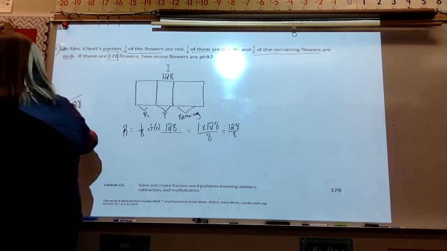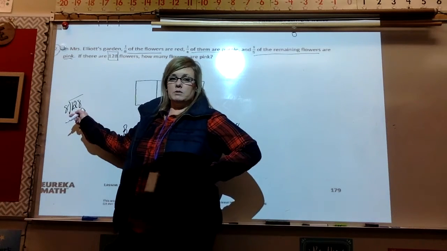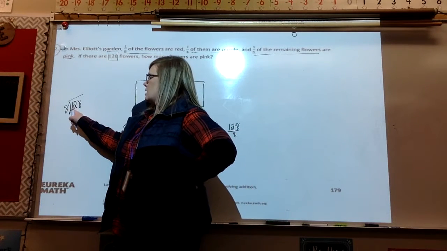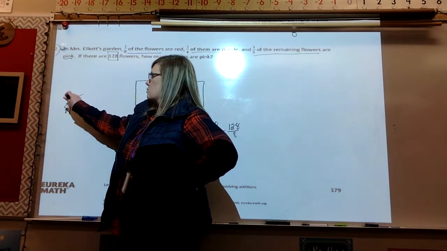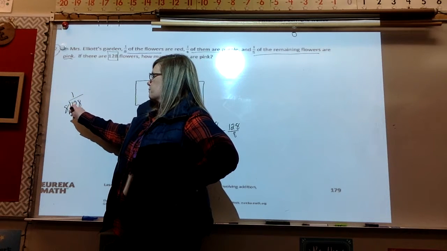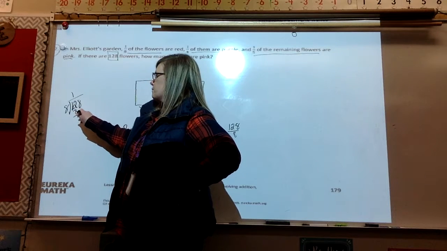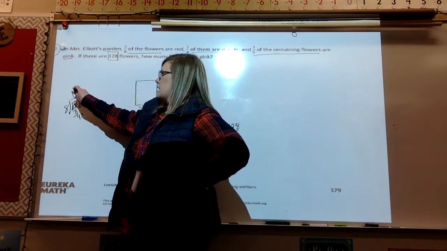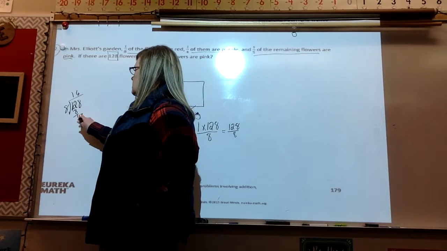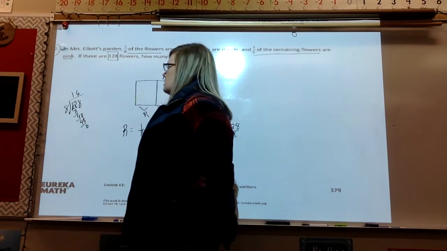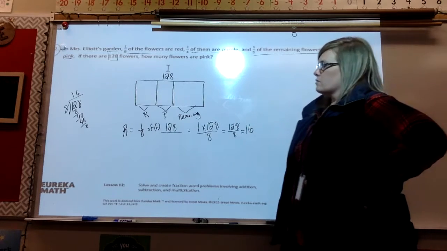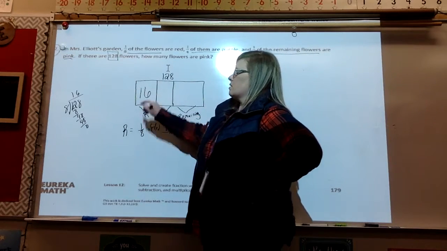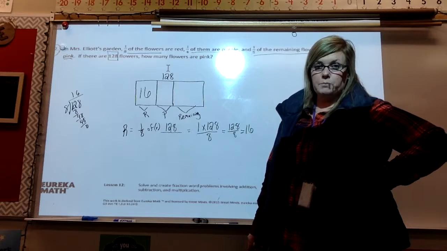So when I'm doing a division problem to the side, 8 goes into 1 0 times. 8 goes into 12 1 time. 8 goes into 48 6 times. So my answer is 16. That means there are 16 red flowers. I'm going to fill in that part of the tape diagram.